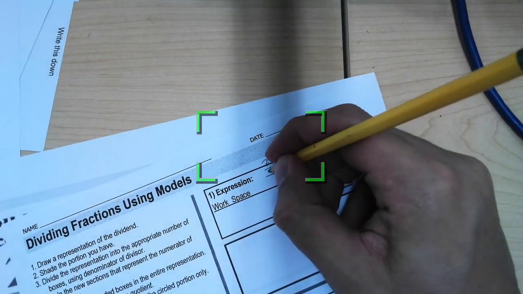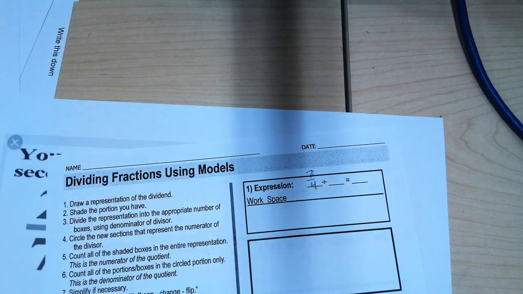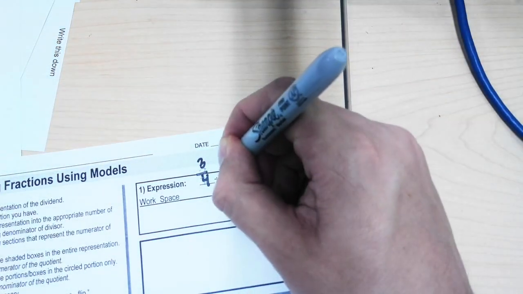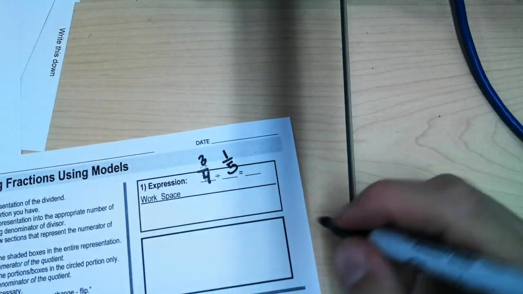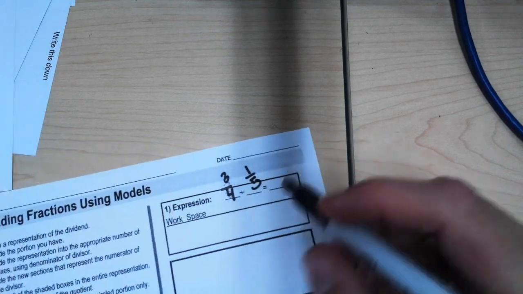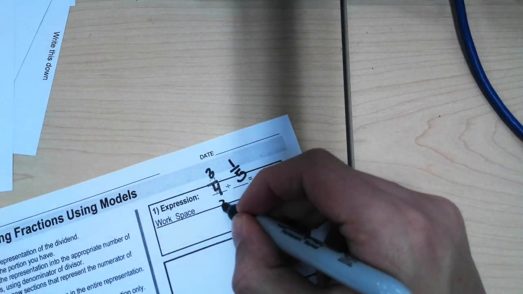So we have 3 over 4 divided by 1 over 5. Now if you look at our steps here, we can use keep, change, flip to figure out what the answer is. So let's go ahead and do that for the first question here.